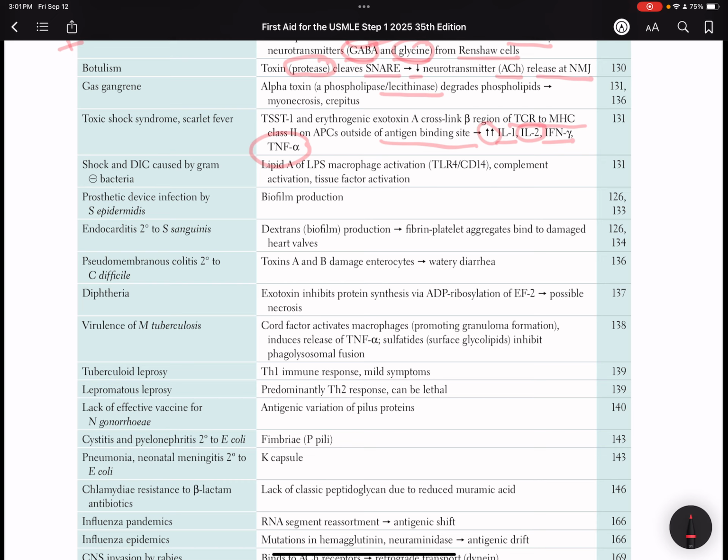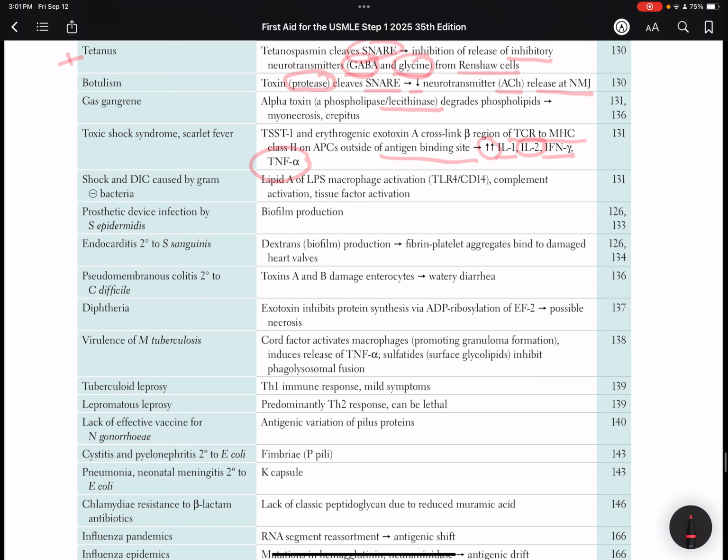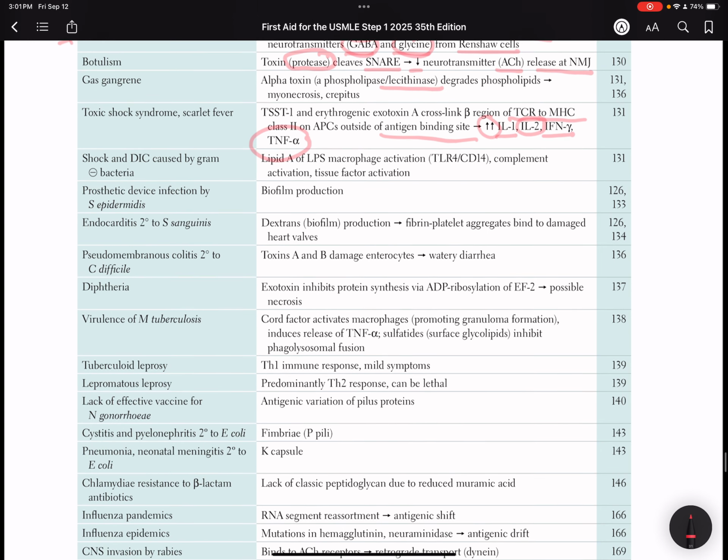Toxic shock syndrome, scarlet fever, is due to TSST1 and erythrogenic exotoxin A that cross-link beta region of TCR to MHC class 2 on APCs outside of antigen binding site. This leads to interleukin 1, interleukin 2, interferon gamma, and TNF alpha release.